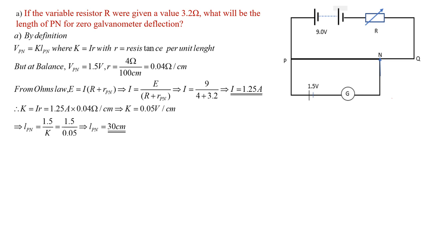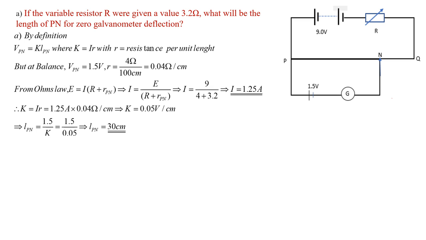From Ohm's law, E will be equal to the current I into R plus Rpn. So I will be equal to 9 divided by 4 plus 3.2, and numerical application will give us 1.25 amperes as the current.